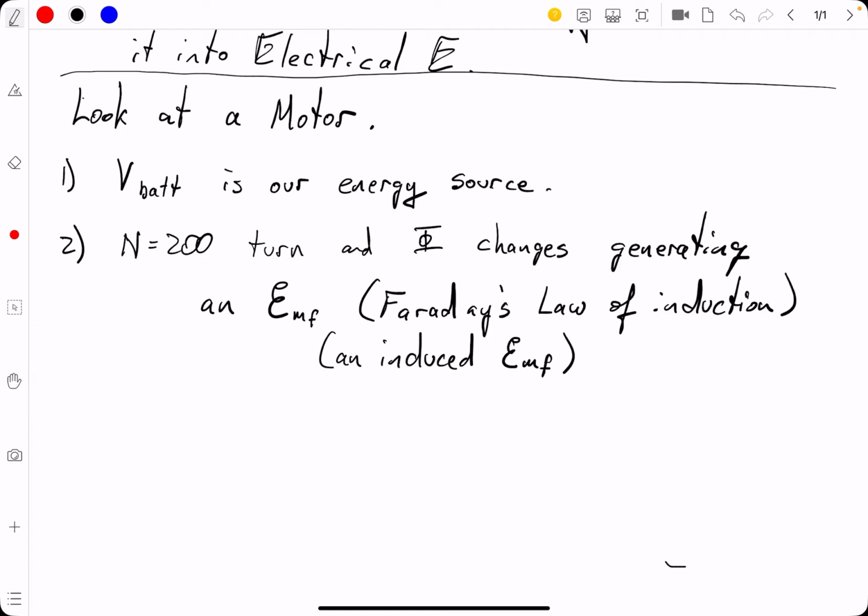So the motor, even though it's doing its thing, it's taking source of energy of a battery and it's turning the crank. It's also working with the magnetic field that exists, and that induces yet another EMF. And we know Lenz's law, right? So there's Lenz's law.